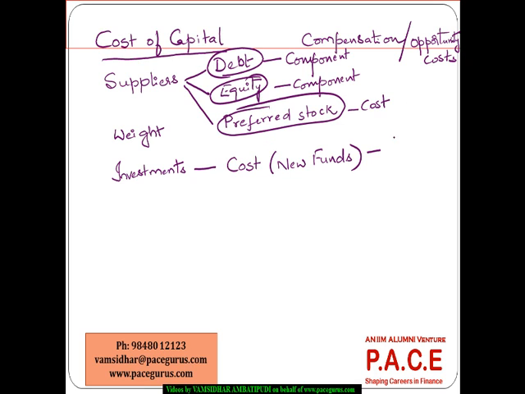How much would it cost me? That's the reason we treat this as a marginal cost also. Marginal is the additional fund that is getting raised, and what is the cost built into it. So the marginal cost associated with debt capital, with equity capital, and with preferred stock.